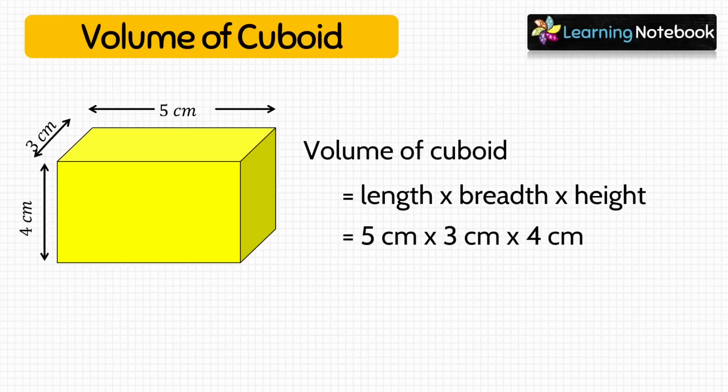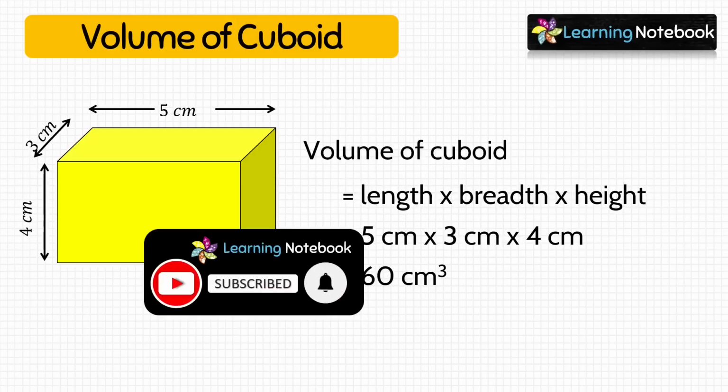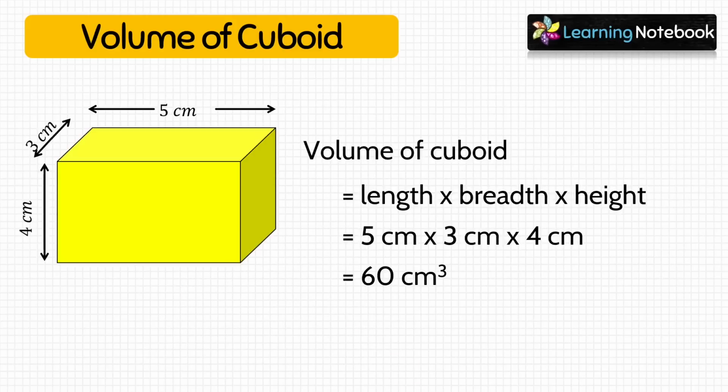We get 5 into 3 into 4, which is equal to 60 cubic centimeter. Students, do remember that volume is measured in either cubic millimeter or cubic centimeter or cubic meters.